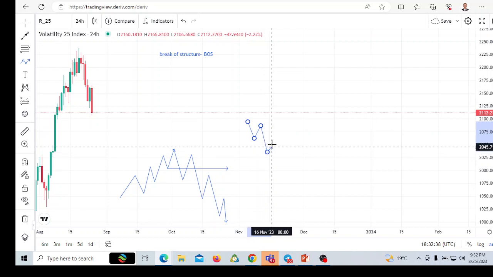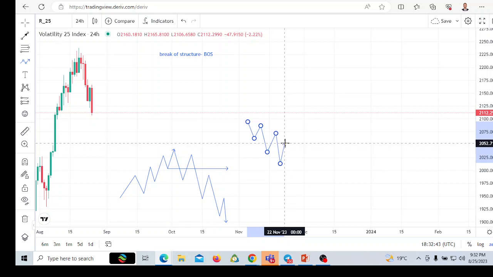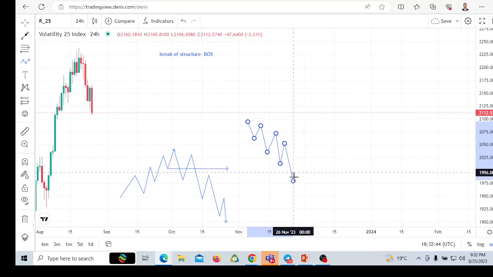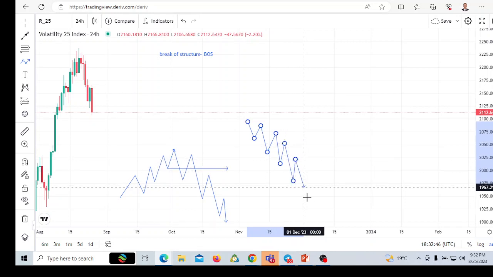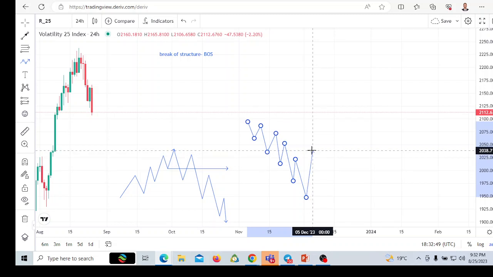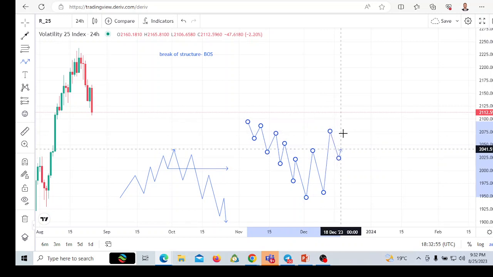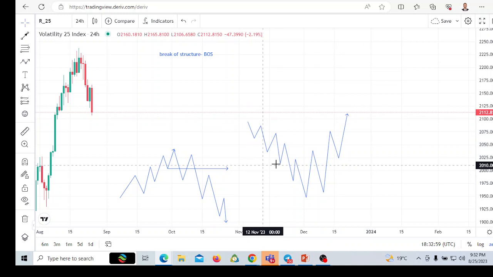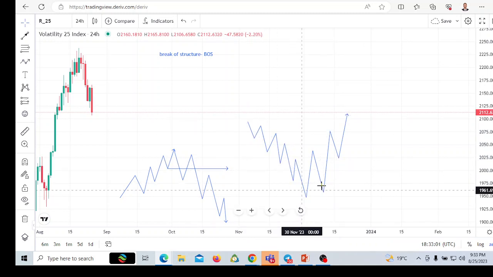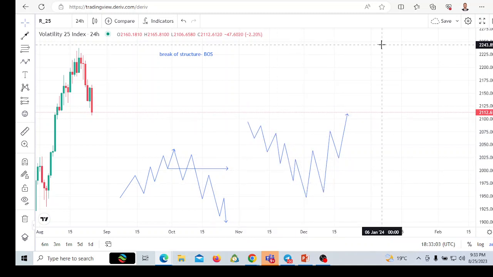Lower low, lower high, lower low, lower high, lower low, lower high, lower low. Then price closed above the previous low, and came back to this point and then continued buying upward.